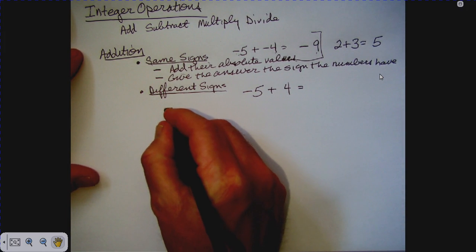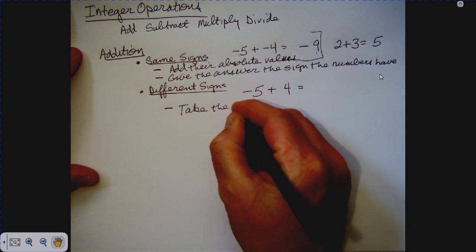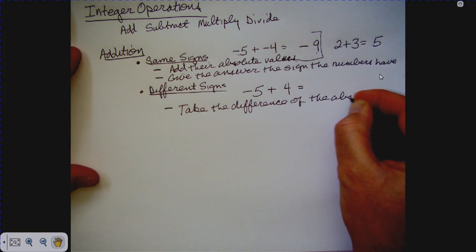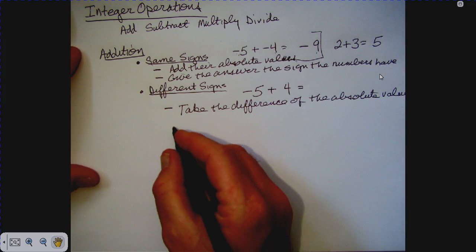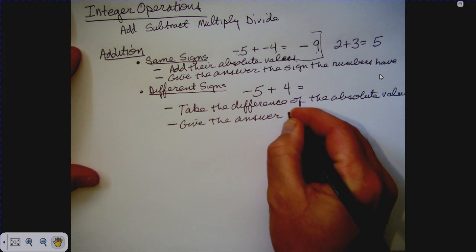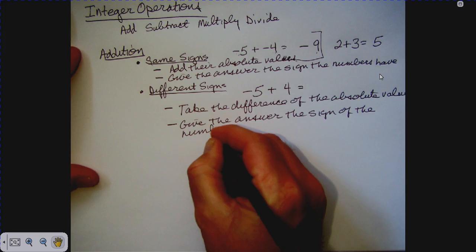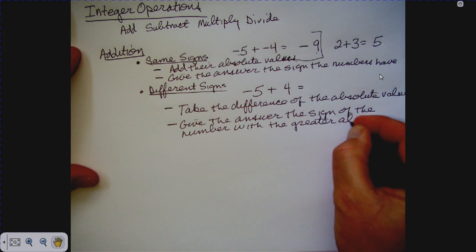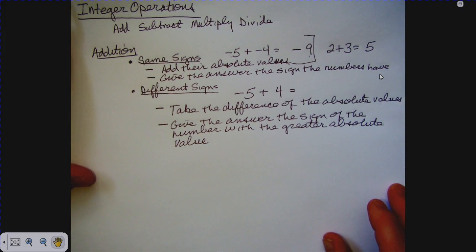Well, the rule here is we take the difference of the absolute values, and give the answer the sign of the number with the greater absolute value.